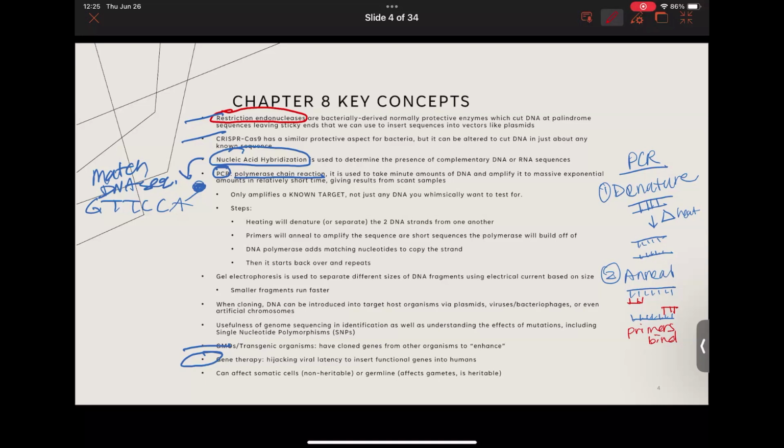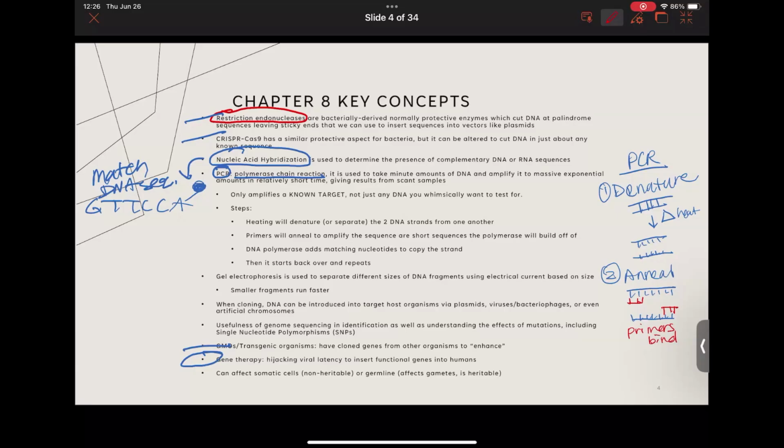Whatever. Your primers look for COVID, because I feel like people know that we test for COVID with PCR. They know that we test for flu with PCR. Let's do that. So if your primers look for COVID, they're only going to bind with COVID genes. So if COVID is there, your primers will bind, and then your nucleotides can multiply from your DNA polymerase in the next step, which is your elongate step.